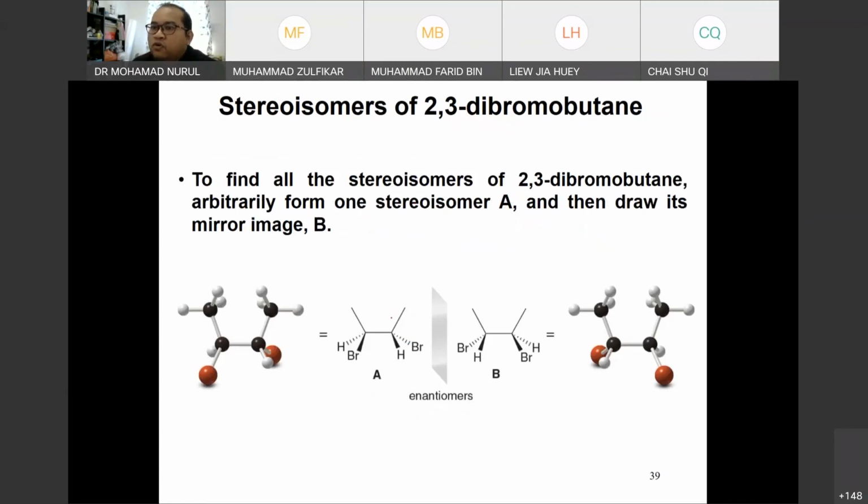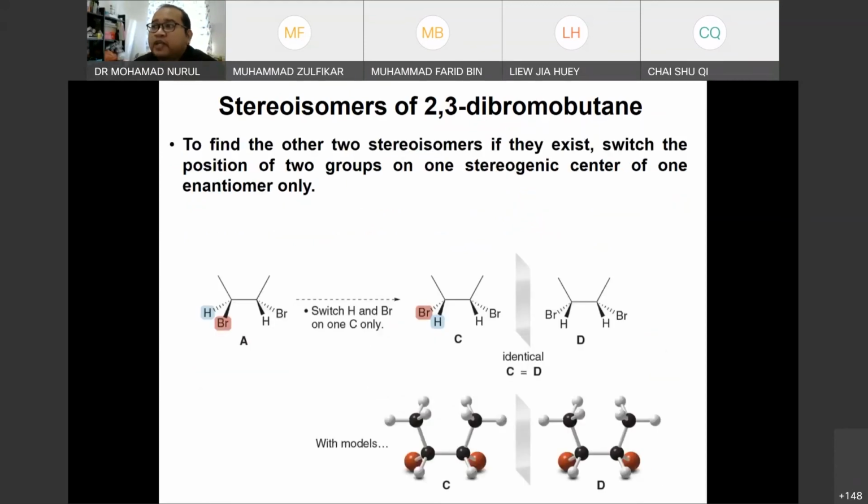First, draw the stereoisomer A for this 2,3-dibromobutane, put the mirror here, and do the reflection, so you can get B. After that, do the same thing: change these carbons, changing the positions between bromine and protons.